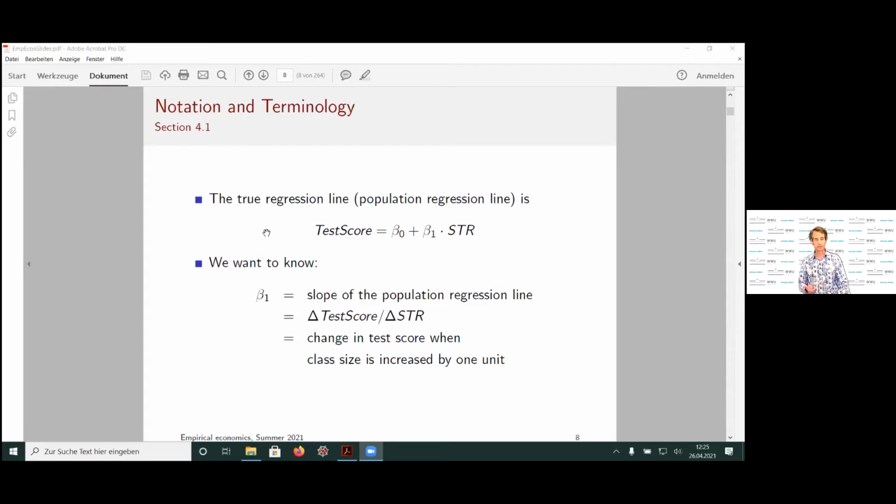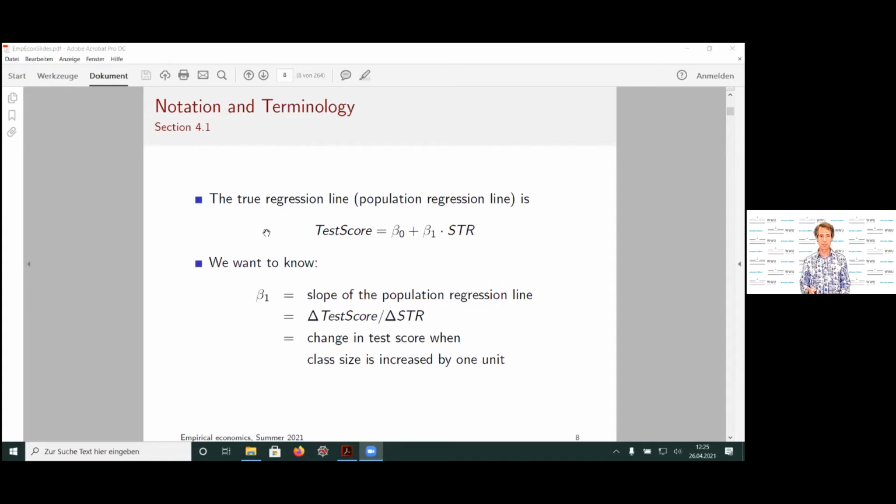We have already seen that the policy question we are interested in is about the relationship between class sizes and test scores. And as Andreas has just explained, the interesting question is, can we say something about the test score if we know something about class sizes?